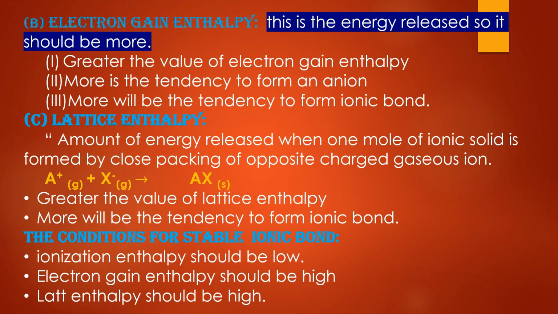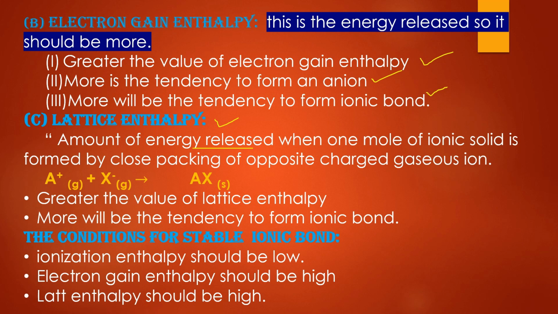Now the second is electron gain enthalpy. This is the energy released, so it should be more, and the greater the value of electron gain enthalpy, the greater is the tendency of a non-metal to convert into an ion, and more will be the tendency to form ionic bond. So the electron gain enthalpy of a non-metal should be high. Now the third is lattice enthalpy. This is also the energy released, so it should also be high. So now you should know the definition of lattice enthalpy.